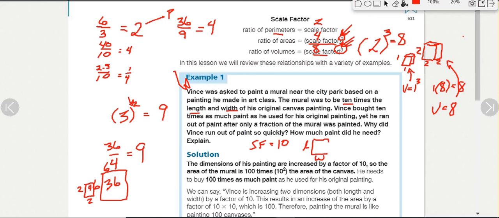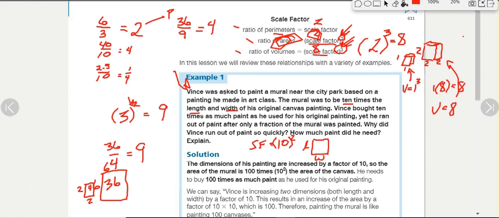So we're dealing with which one? Perimeter, area, or volume? We're dealing with area, which means everything gets times 100, right? Because it's a scale factor of 10. We square that for area.